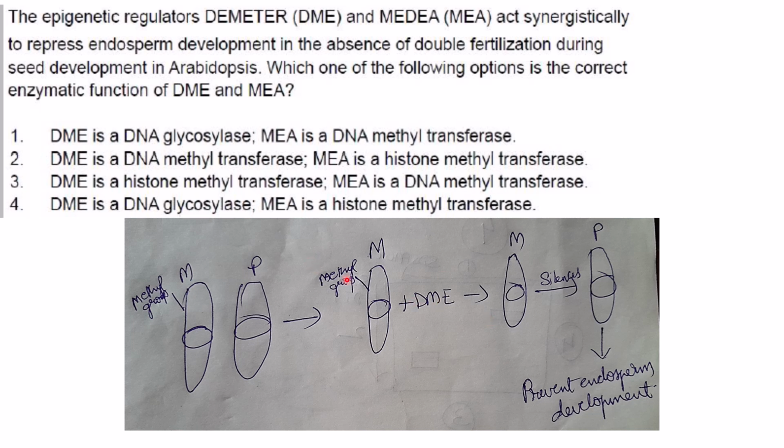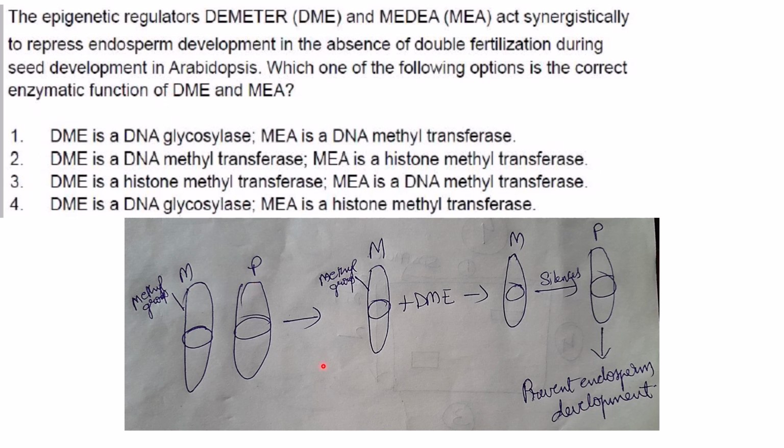So DME will remove the methyl group in the maternal allele. It will get activated, and the activated maternal allele will produce protein that will silence the paternal allele, and as a result of this silencing, it will prevent endosperm development during seed development in Arabidopsis.